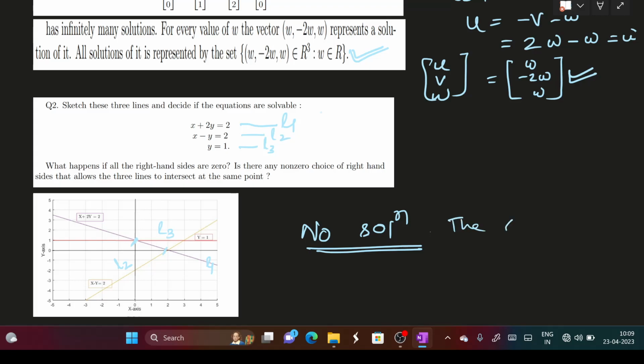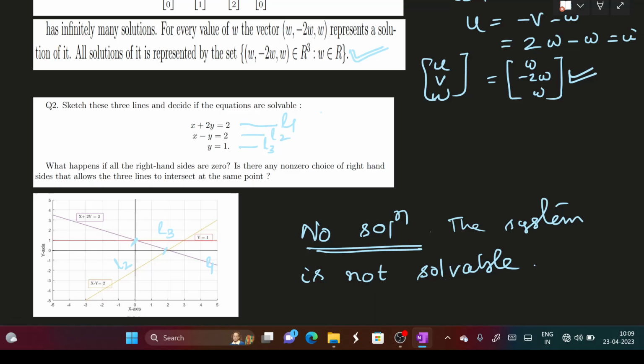The system is not solvable. Then if we make the right hand side vector 0, what will happen? Each straight line here will pass through the origin. So the right hand side becomes 0, 0, 0. If it becomes like this, what will be the situation?